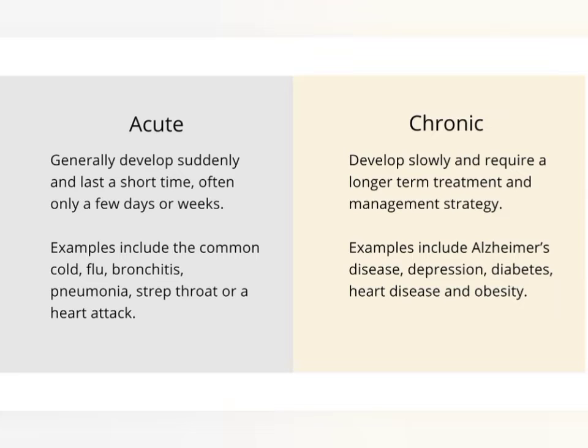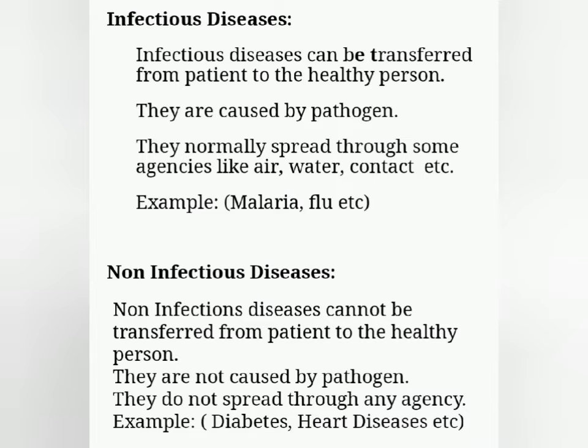These are all caused by bacteria, virus, protozoa, etc., and we can be cured very easily. Some examples of chronic diseases are diabetes, any sort of mental illness like depression, anxiety, and genetic disorders like Alzheimer's; all are chronic.